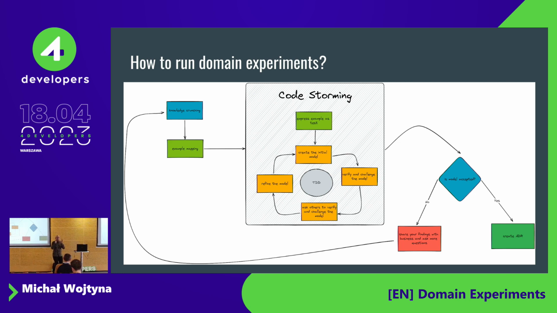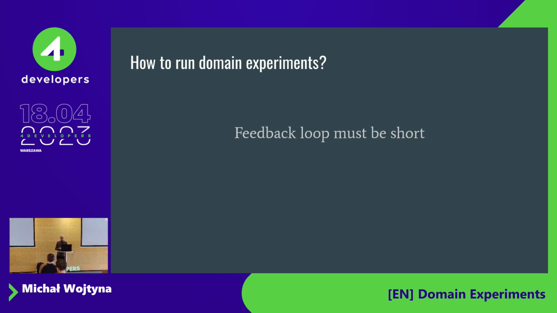We need to decide how things relate to each other. So we take these questions and go back to knowledge crunching, and we ask meaningful questions directly to the domain experts. And everything repeats. That's how I perform domain experiments in greenfield projects.